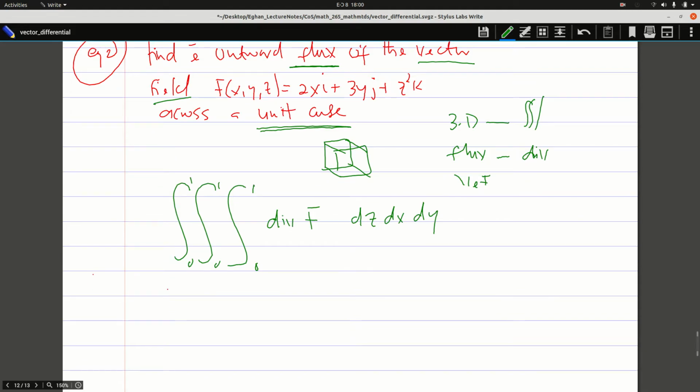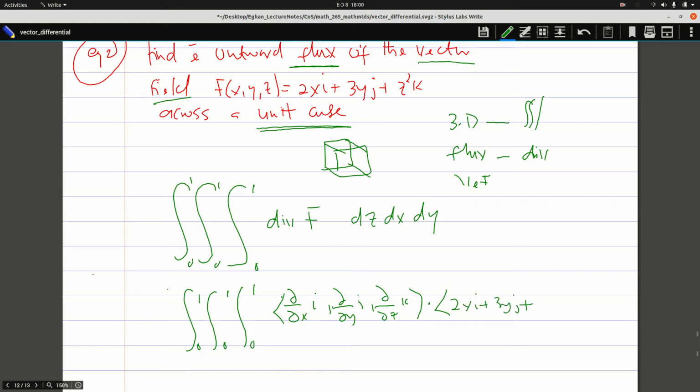So let's see the divergence of that. This becomes, it's as if I have partial of x, in case you've forgotten, dotting 2xi plus 3yj plus 2z square k.